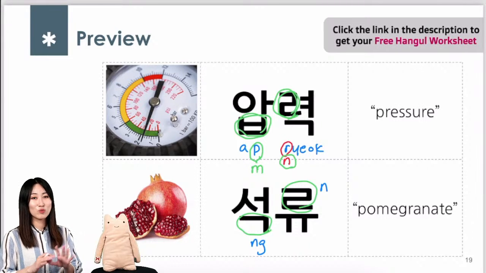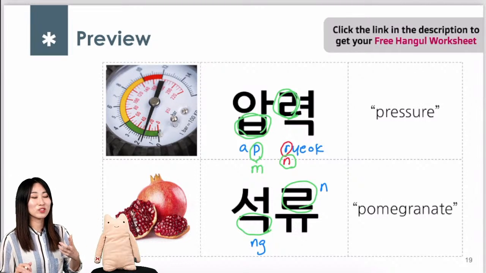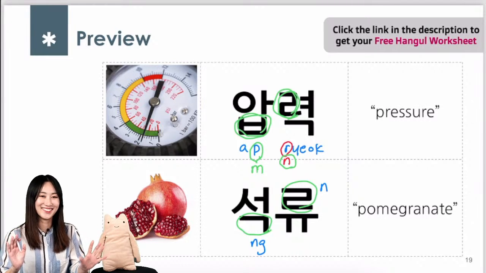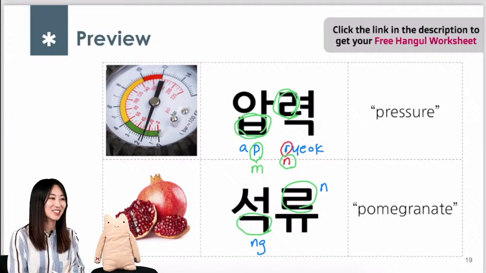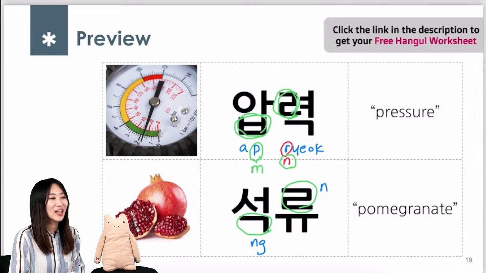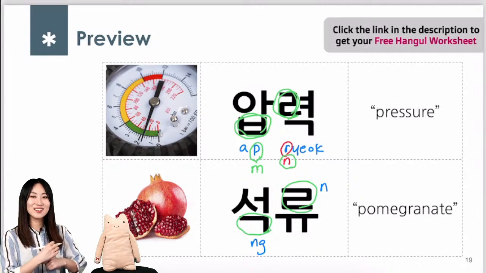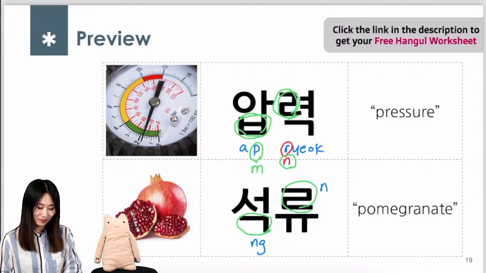So without even thinking about the rules, you will pronounce it naturally if your tongue muscle is trained. I want to emphasize again because it's really important. And Ellen, 압력 맞아요. You are right. And Kailon, 성뉴. Exactly.